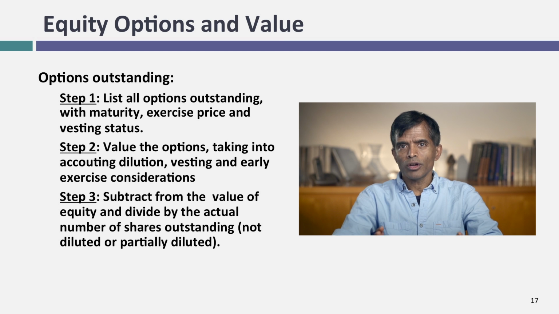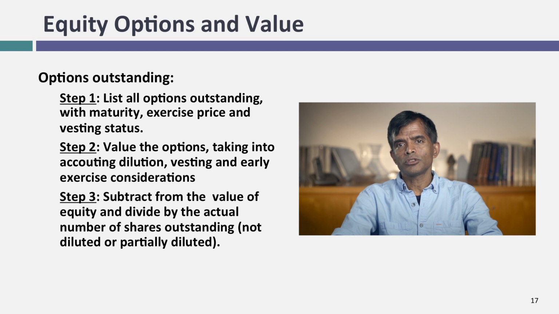So if you have options already outstanding, here's the best way to deal with them. Value those options that are already outstanding. And US companies report these as part of their footnotes. Value them as options outstanding using an option pricing model. So you'll need the maturity of the options, which are usually given in that table, the exercise price, and the current stock price. Value them as options.